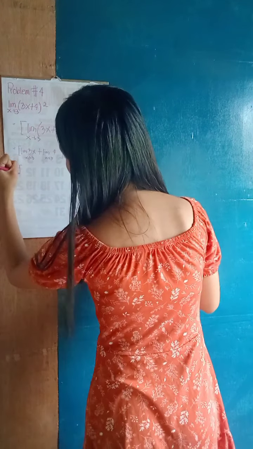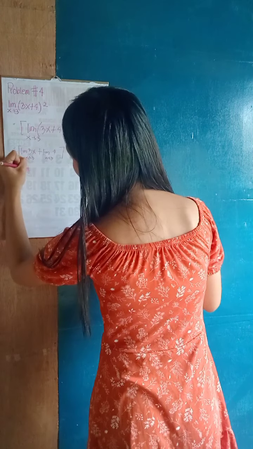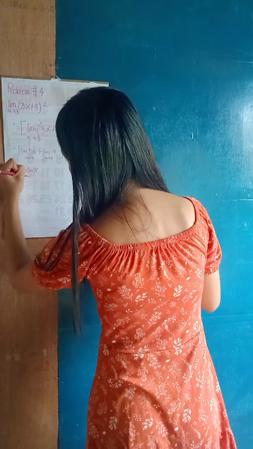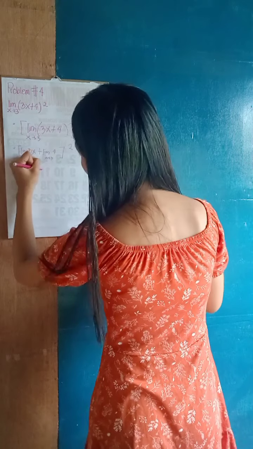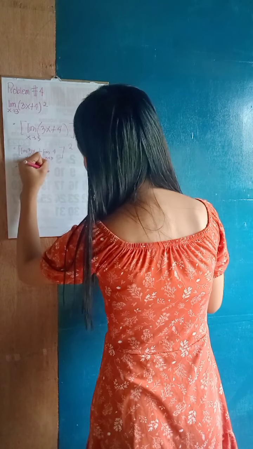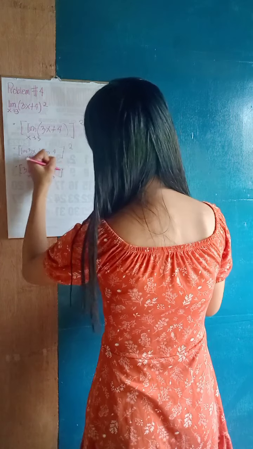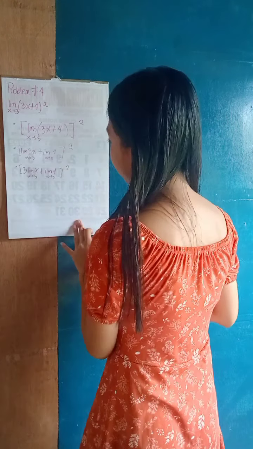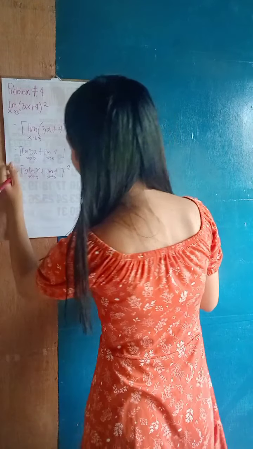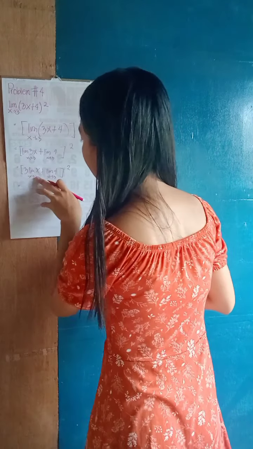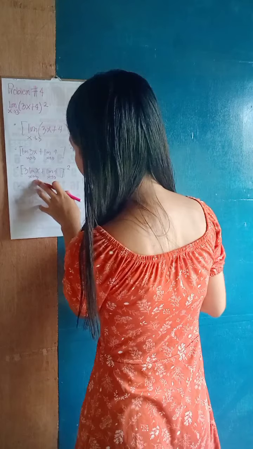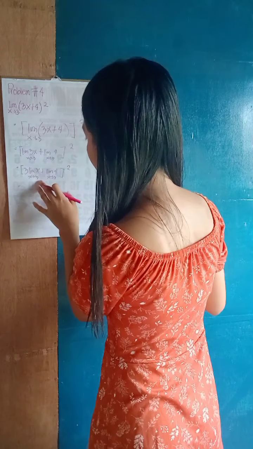Then, use limit number 3. So this will become 3 limit x as x approaches 3 plus limit 4 as x approaches 3 to the power of 2. Then, apply the value of a to limit x.